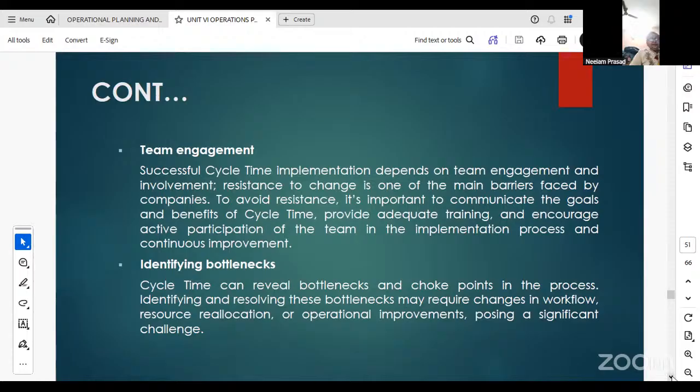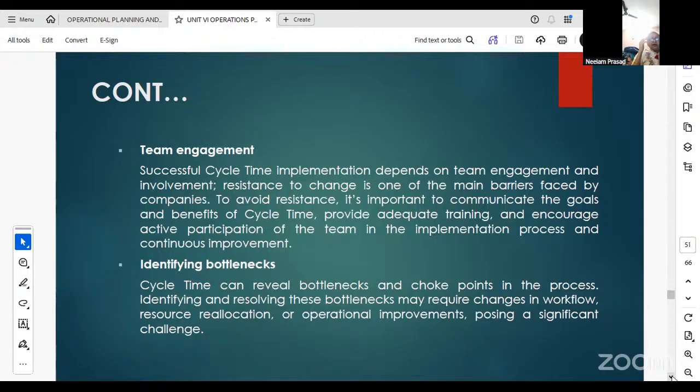So team engagement, as I said, functional relationship is very important, and continuous improvement. They should know, understand clearly why we are doing it, how we should be doing it, what is the role of each and everyone, so that things don't get entangled with each other. They should work for the final process which the customer wants, or the product which the customer wants.